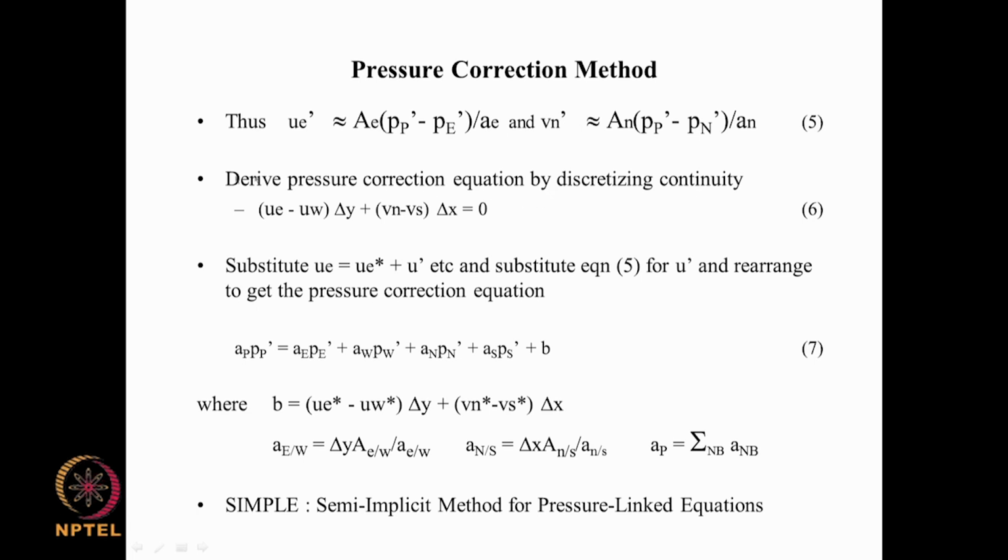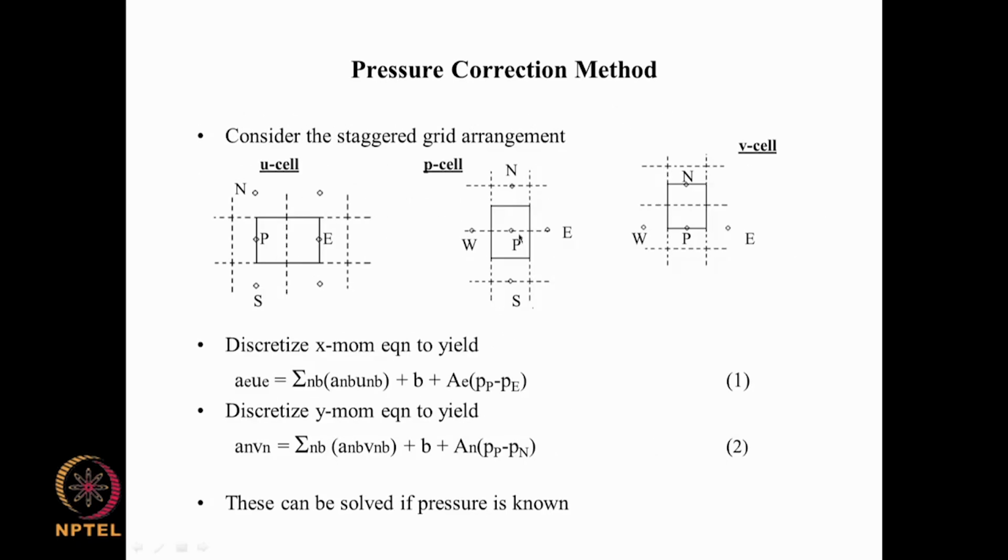For this we make use of the continuity equation, which is dou u by dou x plus dou v by dou y equal to 0. That can be written as, dou u by dou x is (u east minus u west) divided by delta x, and (v n minus v s) divided by delta y. Multiply both by delta x delta y, and then you have this. This is the discretized form of the continuity equation over this cell here.